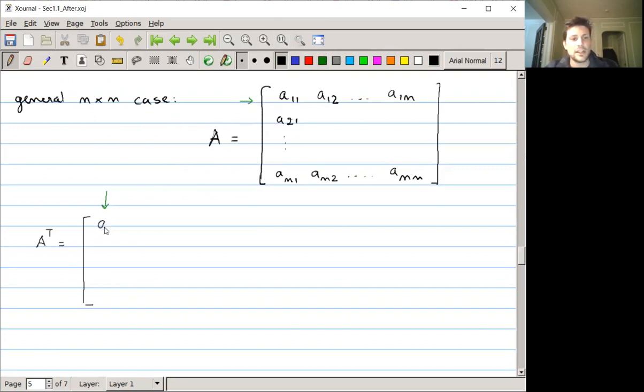The entry that was in the first row and second column, and that's what this 1 and 2 signify, will now be in the other place.